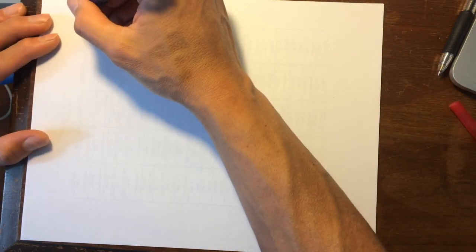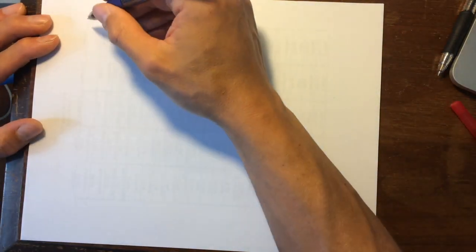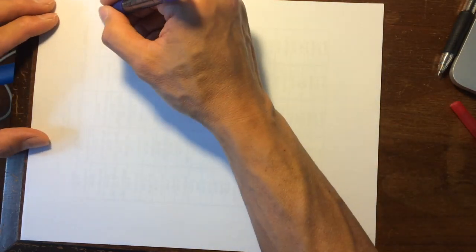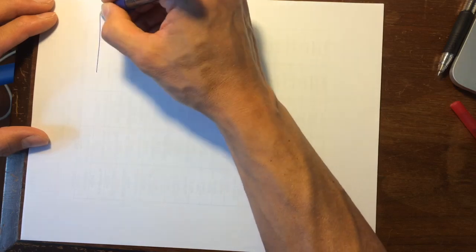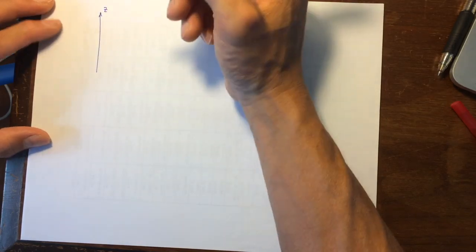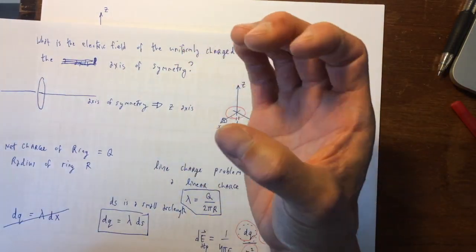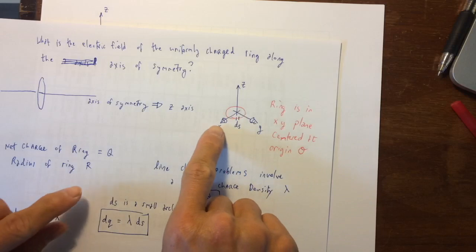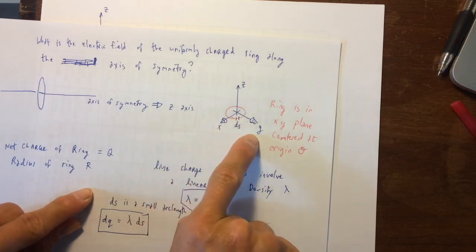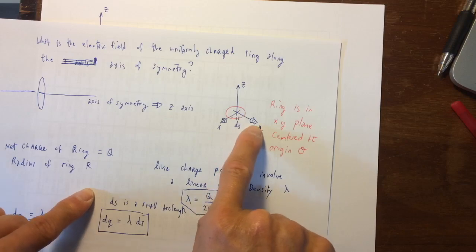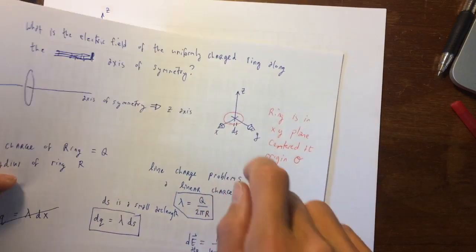So I'm going to redraw the problem so that it looks a little bit cleaner. This is the z-axis. I'm going to take this picture and imagine rotating it like this. I'm going to imagine sweeping the x-axis all the way around until the x-axis is on top of where the y-axis used to be. And that drawing looks like the following.